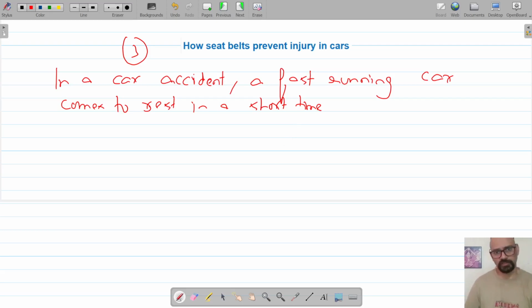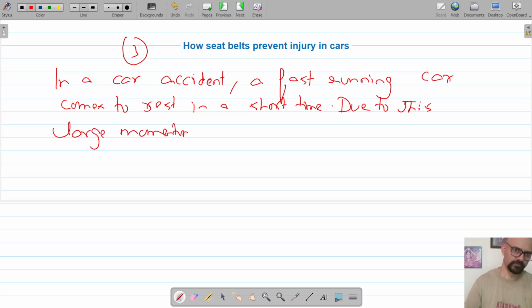Due to this, the large momentum of the car is reduced to zero in a very short time.